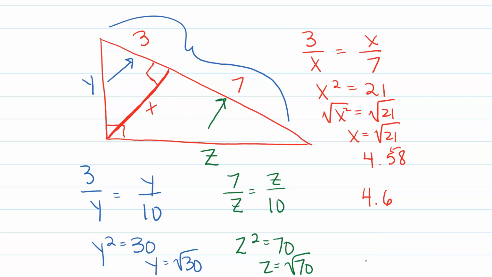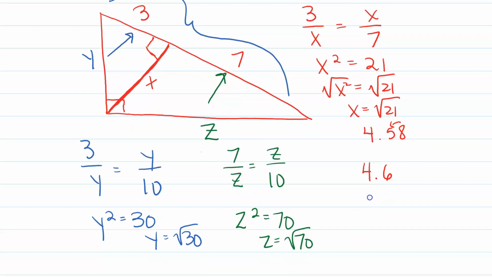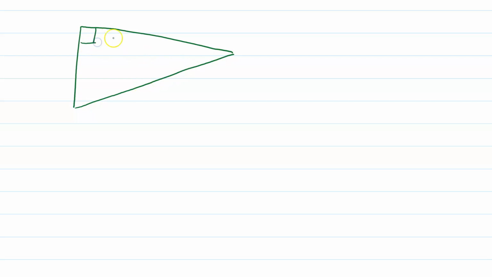Now let's do a little bit different problem. Got a right triangle. I'm going to drop an altitude right there. It's going to make another right angle. Now let's say the x was here, and I was given 5 and I was given 8.